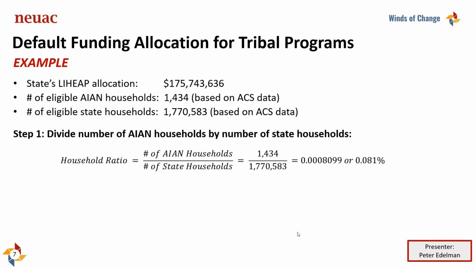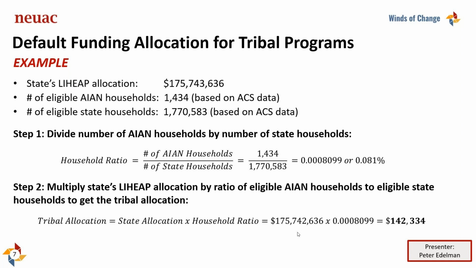In this case, it's roughly 0.081%. And then you multiply that by the state's gross allocation from the formula, and you get the resulting number. It's around 142,000 in this particular scenario. Again, this is hypothetical, even though the numbers aren't round. It's just for illustrative purposes.